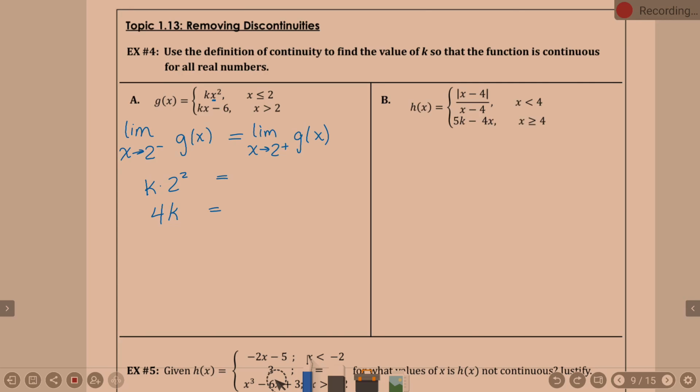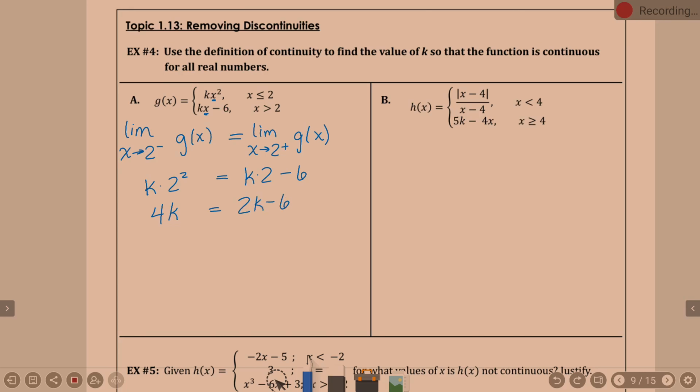I'm not sure I like how I set this up. I think I like how I set it up in notes better. That's all right. Okay, on the right, limit as x approaches 2 from the right. Now we're using kx minus 6. So kx minus 6 means I'm doing k times 2 minus 6, which is 2k minus 6.